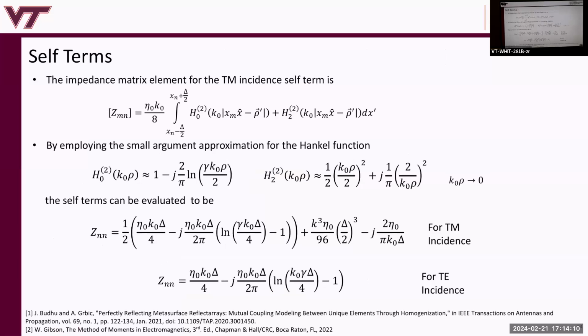The self terms are the same, they're not any different than the previous case. The sheet impedance doesn't introduce self terms because we're not integrating the Green's function in the sheet impedance. It's just Z sheet times I or J. Now this is the small argument expansion for the H2 and for the H naught. So the Z self terms for the TM case become this. And for the TE case, we've already seen.